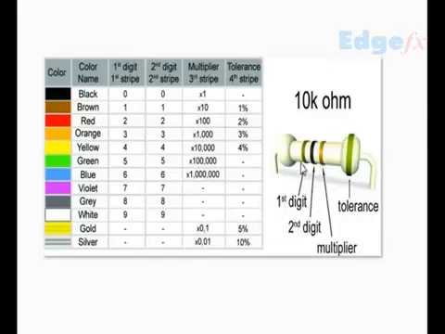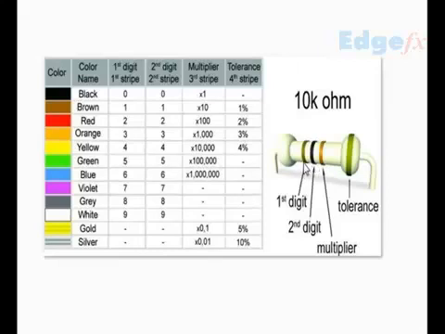Now suppose you want to calculate the value of this. The first digit here looks like green. The first digit is green. The second digit is black, that means 0. So green is 5, 0, and the last band, suppose, is orange.